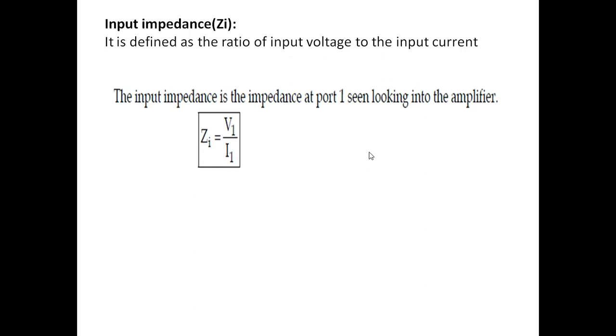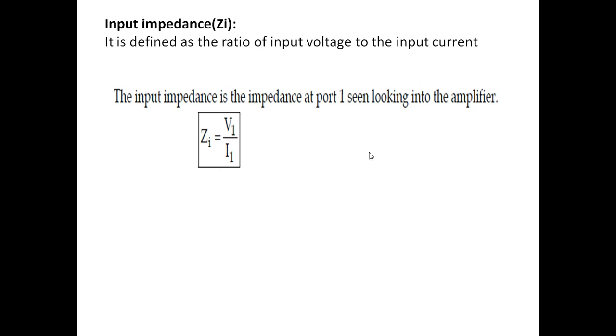That gives the input resistance. Or it is defined as the ratio of input voltage to the input current. Generally, voltage by current gives the resistance or impedance.